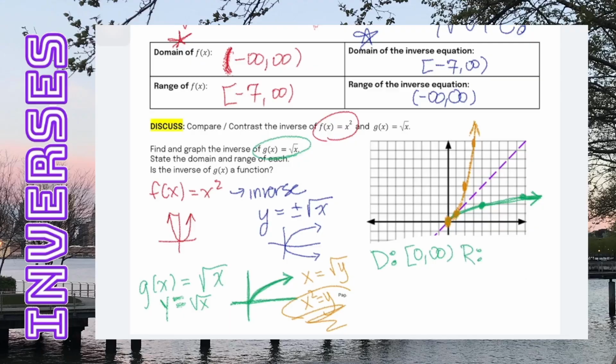And the range was, well, also 0 until infinity, coincidentally. That means for the inverse, the domain will be only 0 to infinity. It is not negative infinity to infinity like a regular looking parabola. And the range will similarly be 0 to infinity. That came from there, and that came from there.